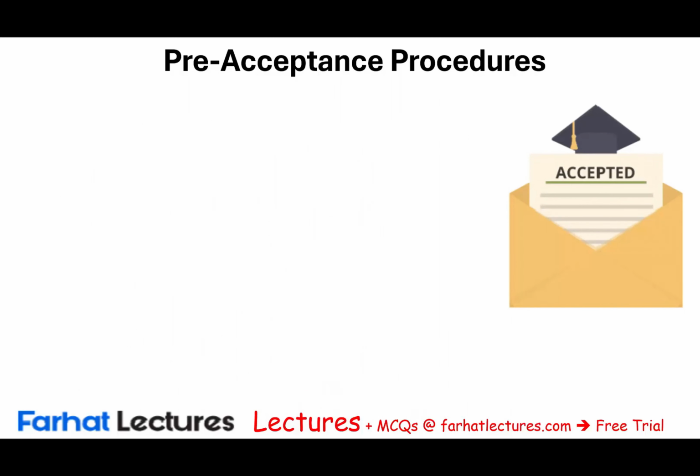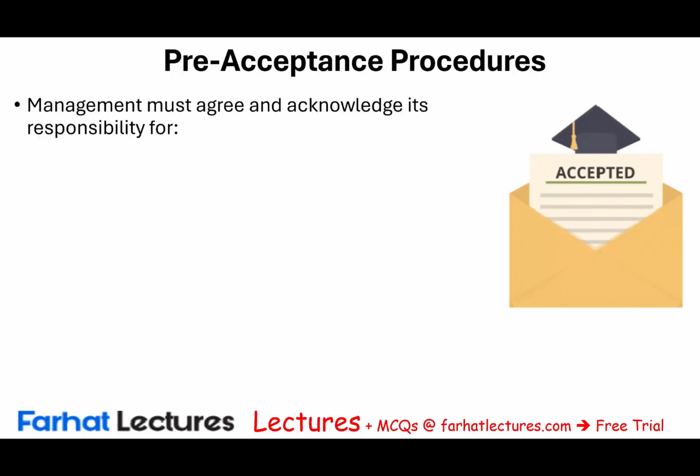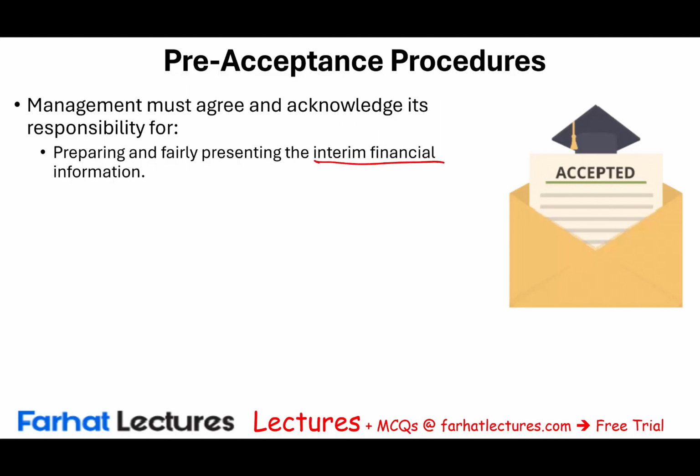Also, you want to make sure that the management agrees and acknowledges its responsibility for certain things. What are they? Well, the management is responsible for the fair presentation and preparation of the financial report. They're always responsible for this, whether it's interim financial reporting or complete financial statements. It does not matter.